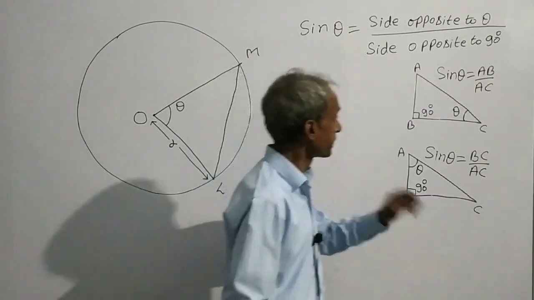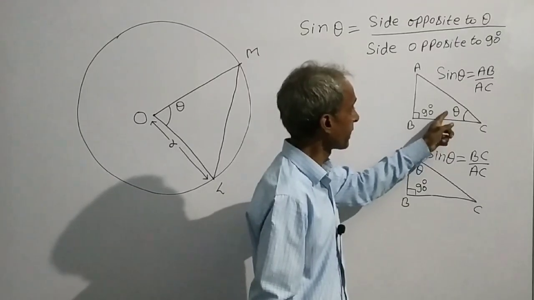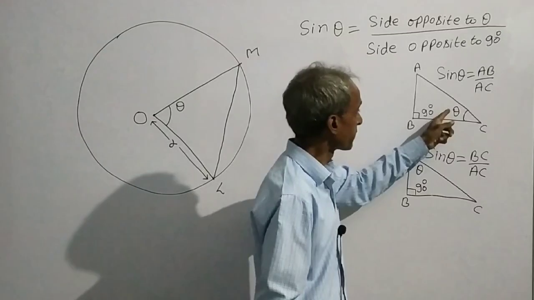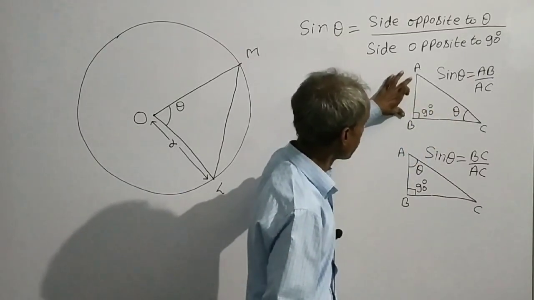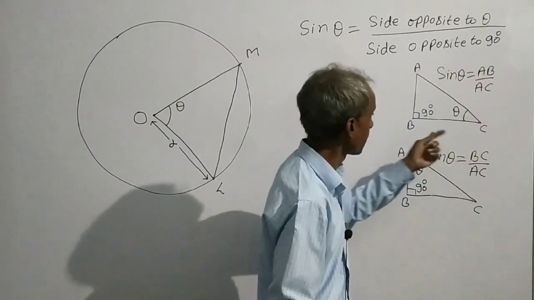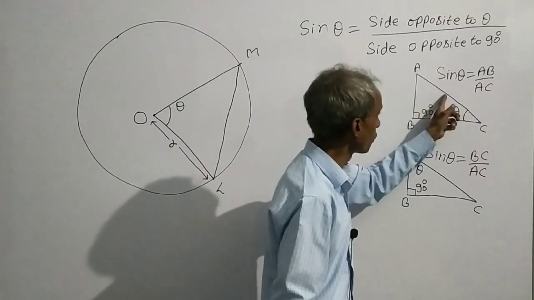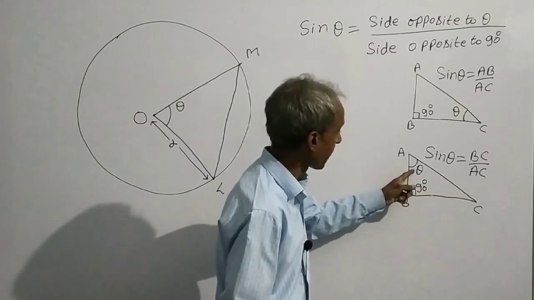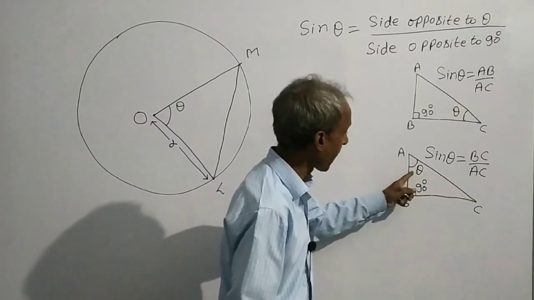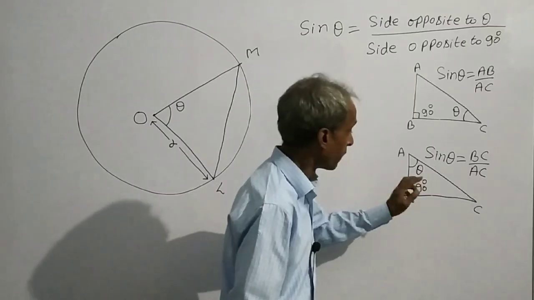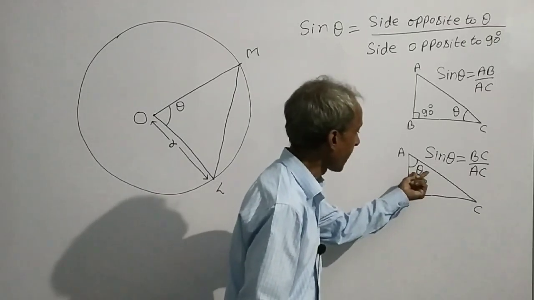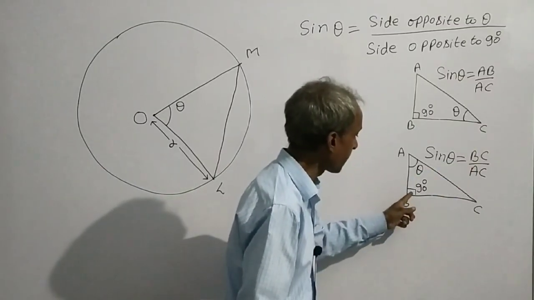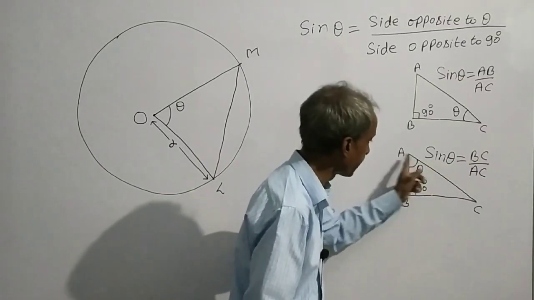As for example, in this triangle, theta is here, therefore sin theta will be equal to side opposite to this angle, AB, divided by side opposite to 90 degrees, AC. But in this triangle, theta is here, therefore sin theta will be equal to the ratio of two sides, side opposite to this theta, BC, divided by side opposite to this angle 90 degrees, AC.